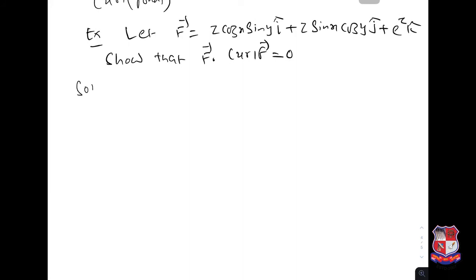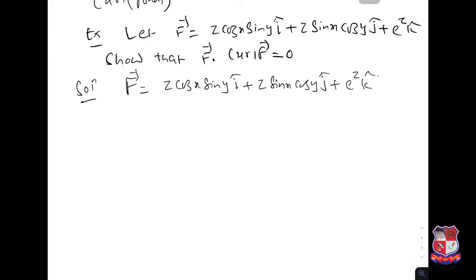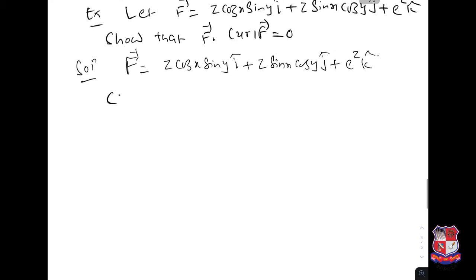So first we need to find the curl of f. So here f equals z cosine x sin y i plus z sin x cosine y j plus e power z k. Now let us find curl of f.